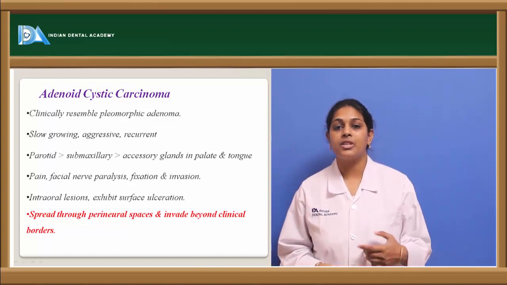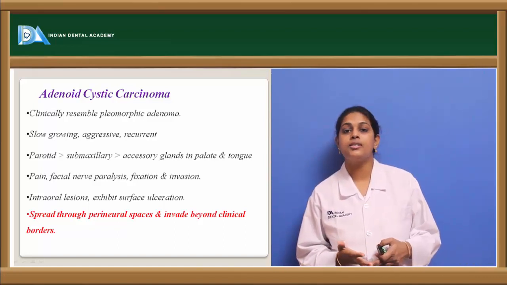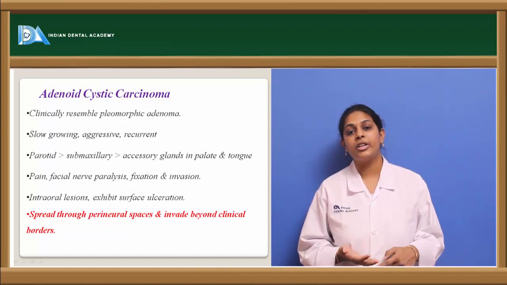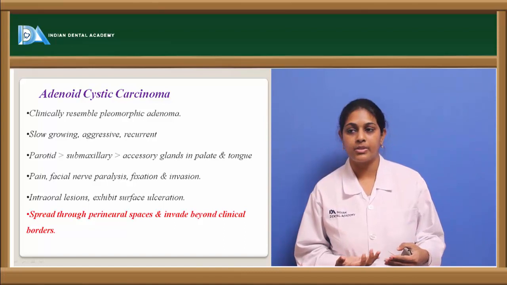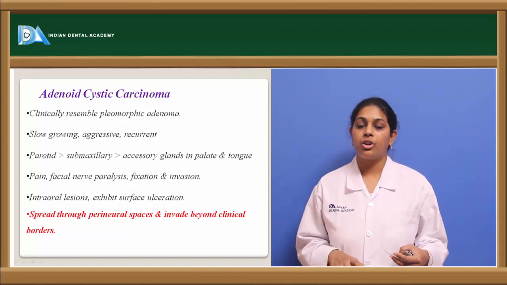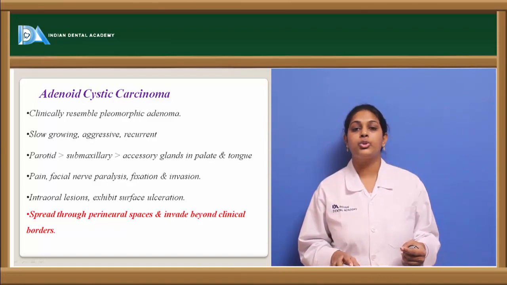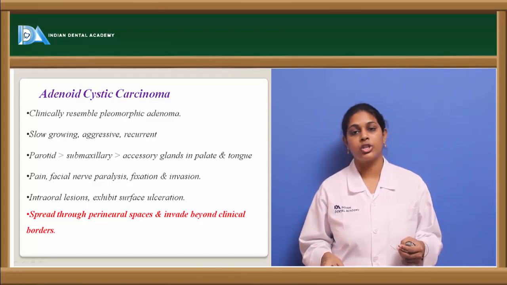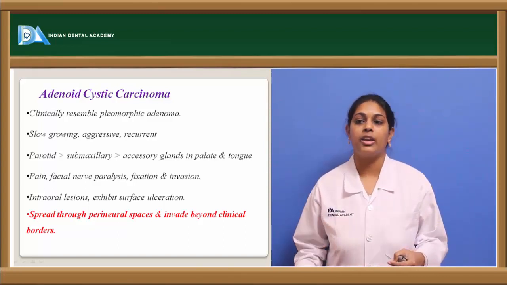Clinically, the patient might complain of pain. Along with that, since the parotid gland is most commonly involved, facial nerve paralysis and its associated symptoms can be seen. On palpation of the tumor, we see that it is fixed to the deeper tissues, and we also see invasion in histological features, that is, it spreads from the epithelium to the underlying connective tissue.